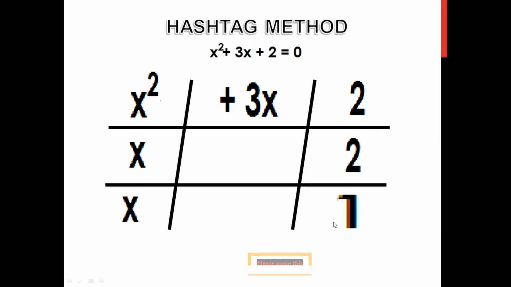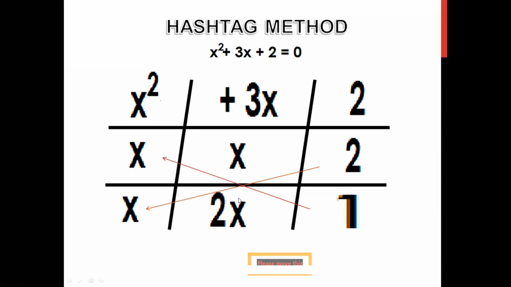After that, we will multiply crosswise to get our first term. We will imaginarily multiply by cross so we can get the second term. So 1 times x, we get x. Then 2 times x, we get 2x.